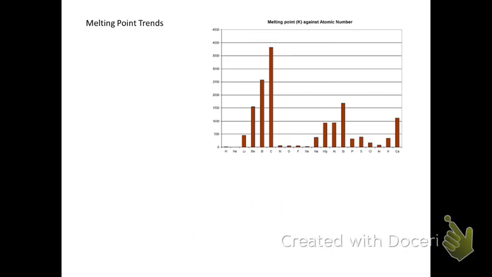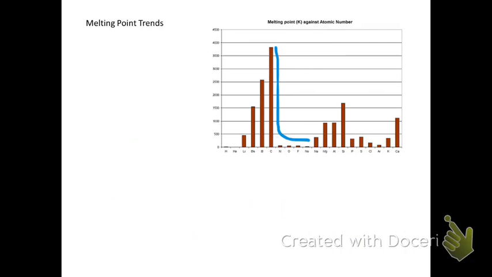Alright, so then we see after we get from carbon, there's this major drop down with nitrogen, oxygen, fluorine, and neon. And neon being the easiest to melt. And so we start out with an increase in melting point, and then all of a sudden there's this major drop. Well, why does that major drop occur? Well, it's because nitrogen, oxygen, fluorine, and neon, their melting points are determined by van der Waals forces, because they're nonmetals and they're nonpolar.